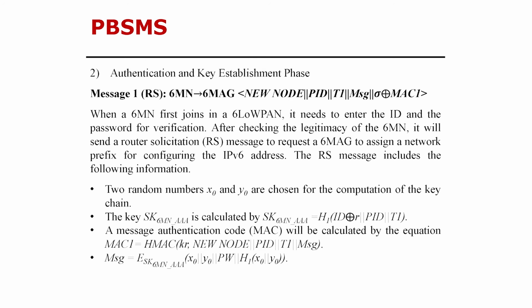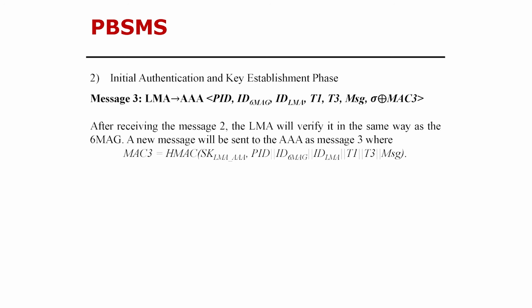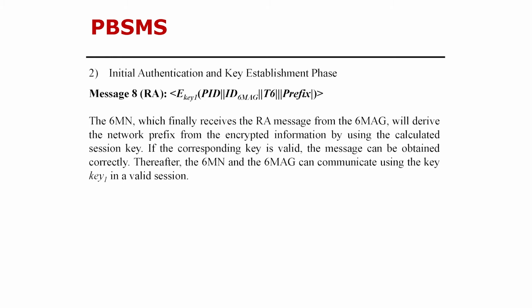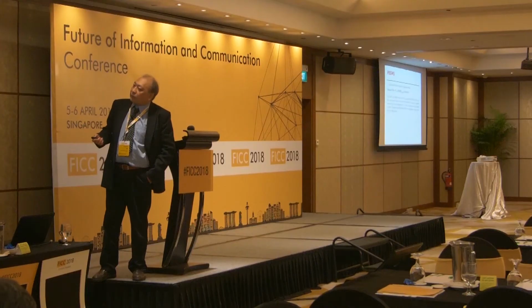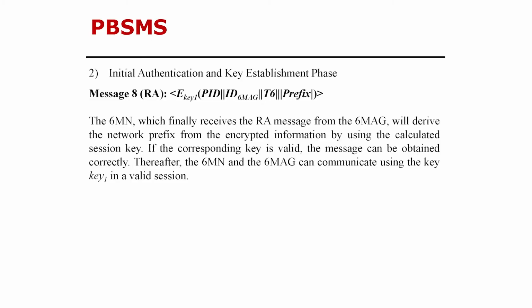So there is a lot of information exchange. First message 1, message 2, message 3, message 4, and so on, message 5, even 8, finally getting the key distributed from the 6MAC to the mobile nodes. So each mobile node will be identified as a legal entity inside the system.